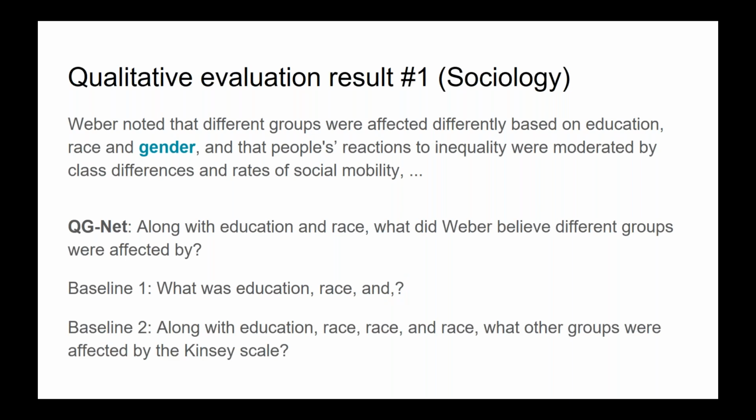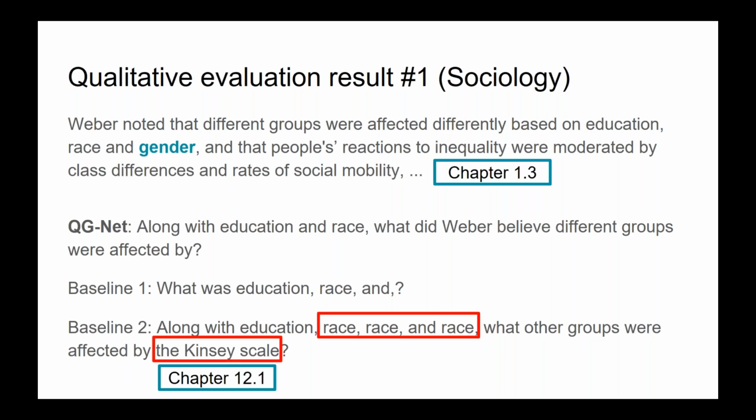And here is another question by a different baseline. You'll notice that this part is kind of strange. So you have some qualitative comparisons of the quality of the questions generated by QGNet compared to 2 of the baselines. Also, this word doesn't appear in the original sentence, so you can say that it's not relevant.